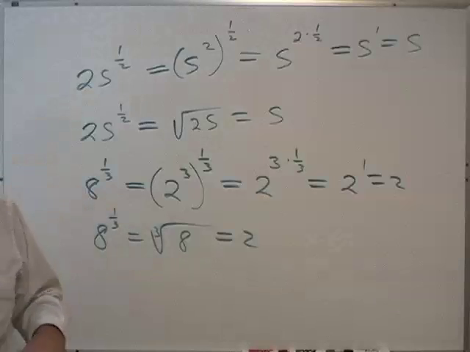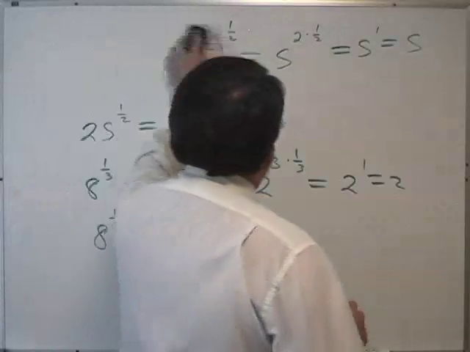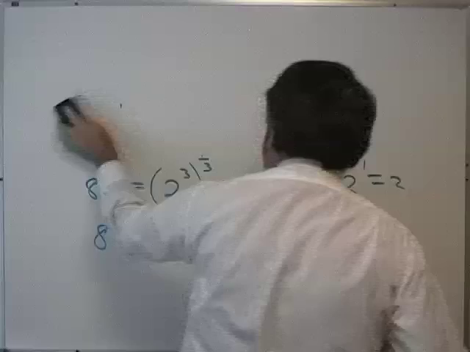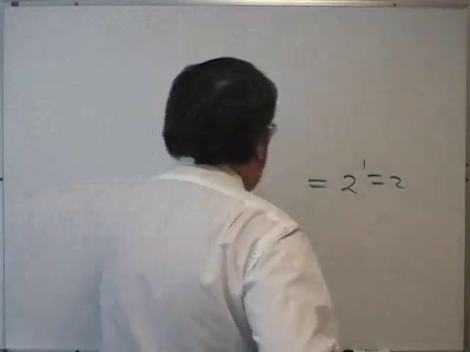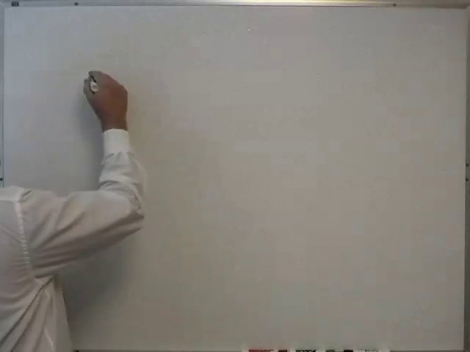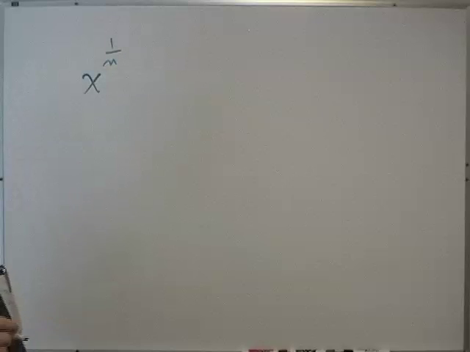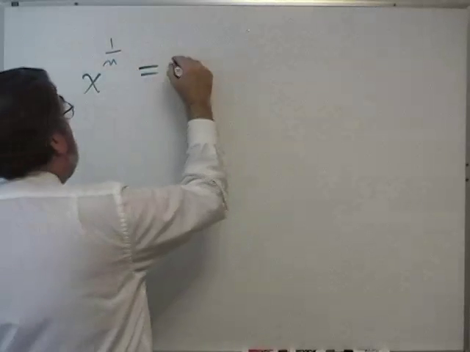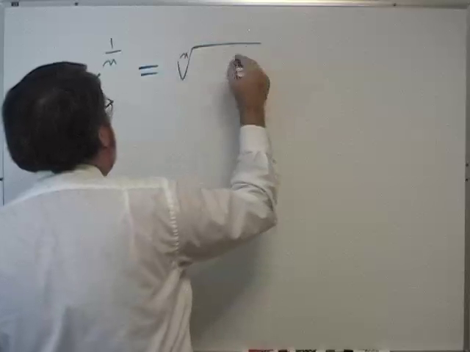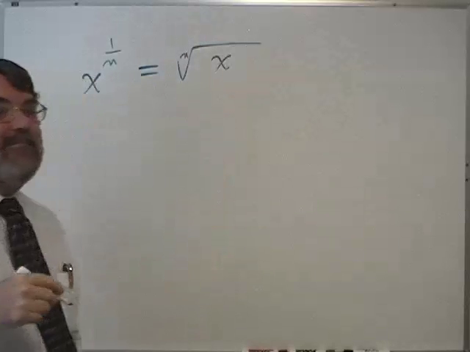So let me generalize that somewhat here. If we have a number x raised to the 1 over n, then we have an interpretation for this. This equals the nth root of x.